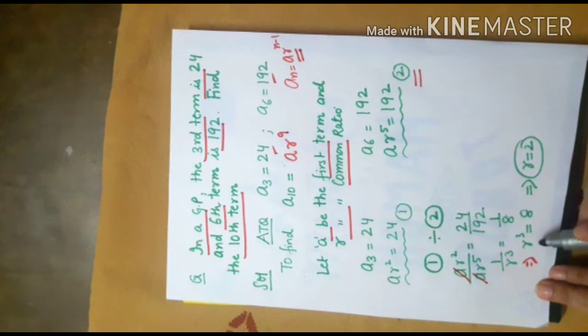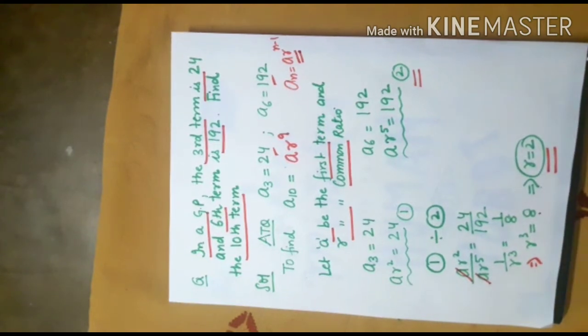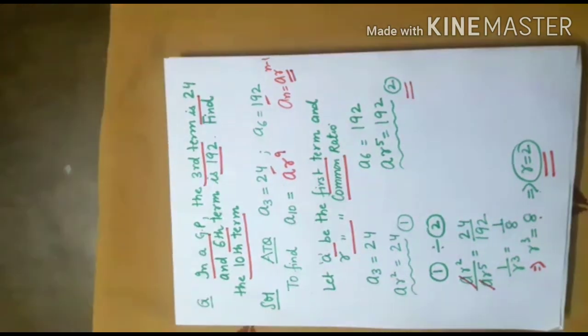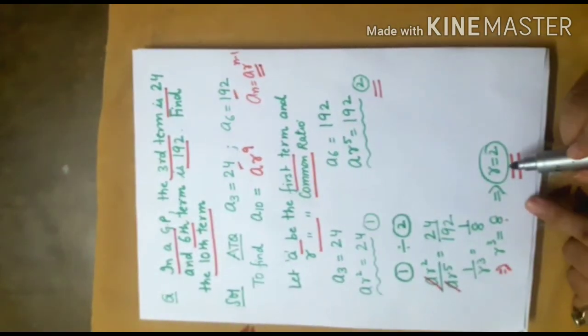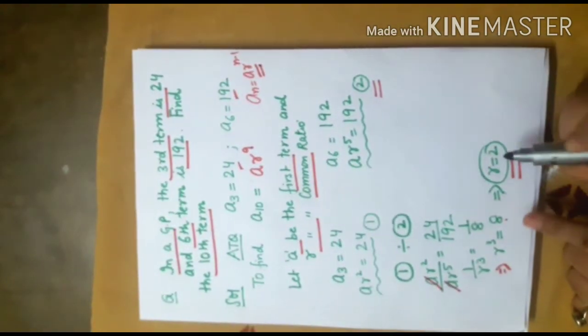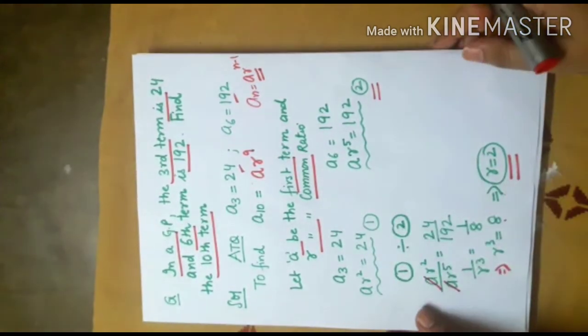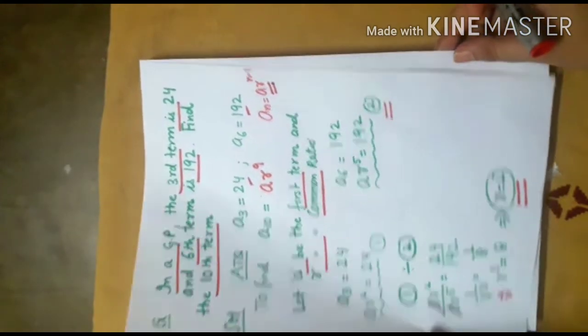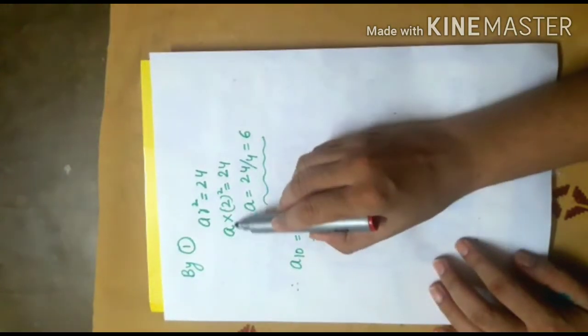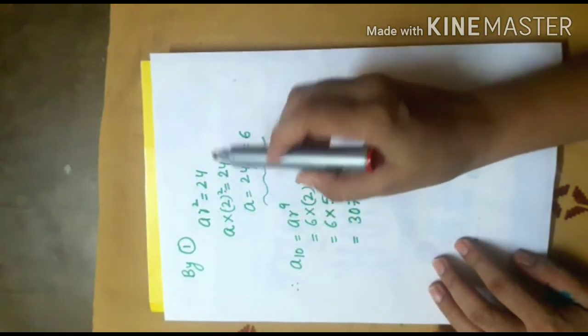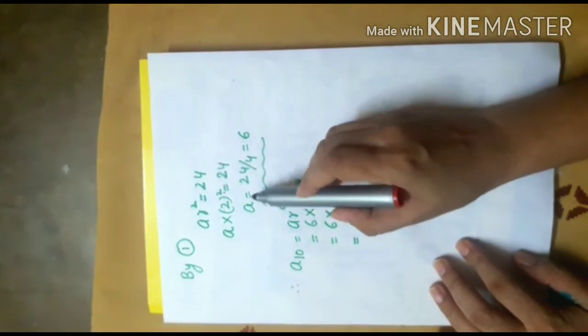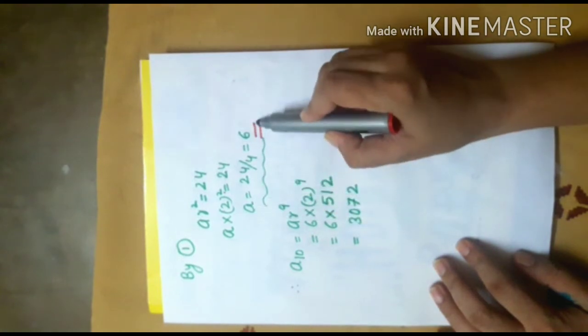So from here, r cube is equal to 8 and this implies r is equal to 2. Now I put this value of r in equation 1 to get the value of a. So I'll get a into square of 2 equals 24. So from here a will be equal to 6.